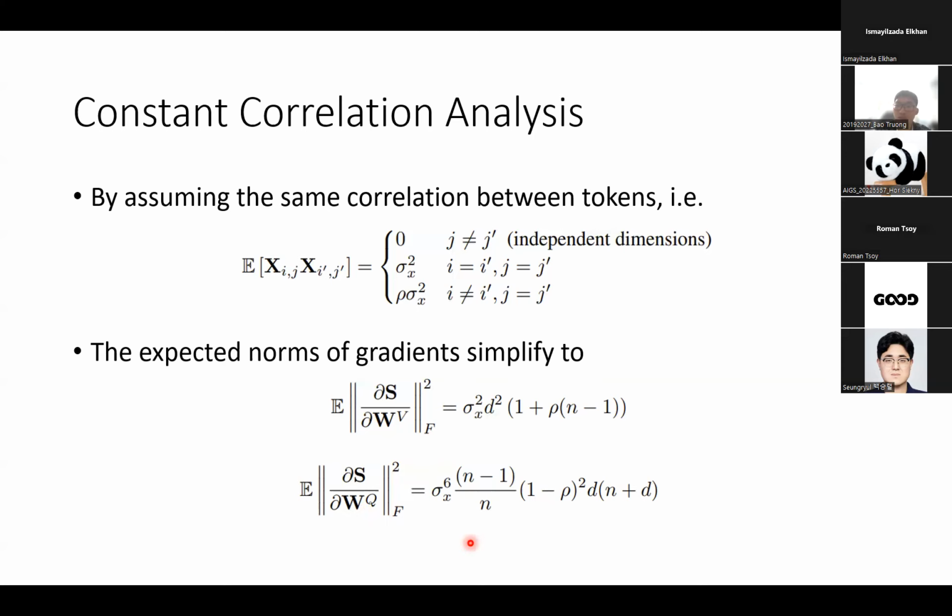More specifically, there is a cubic relationship with respect to the norm squared for the queries, compared to just a linear one for the values. Also the sequence length and the effect of the parameters.